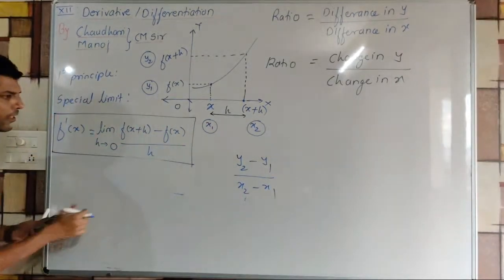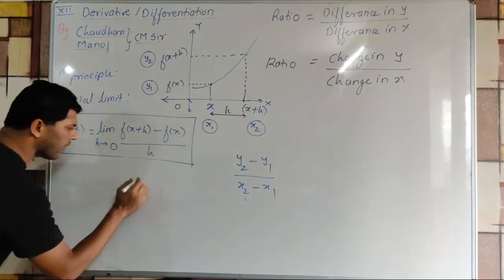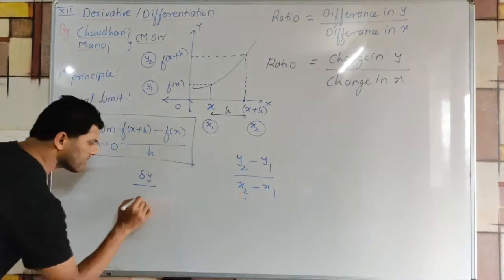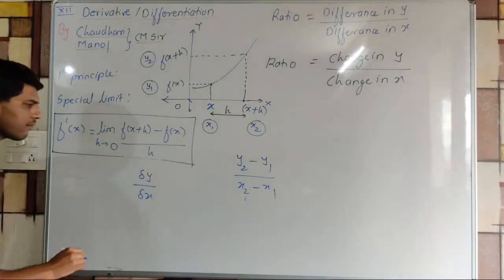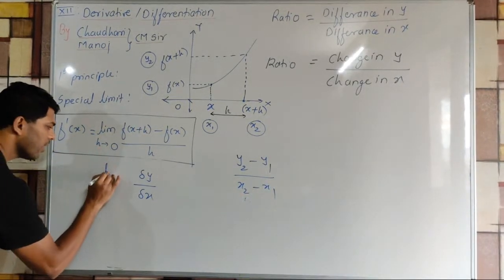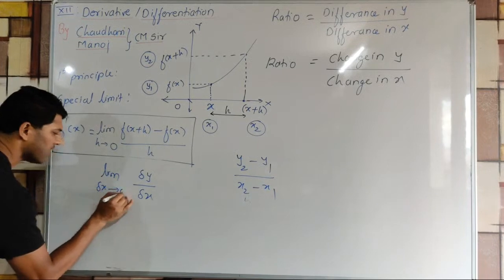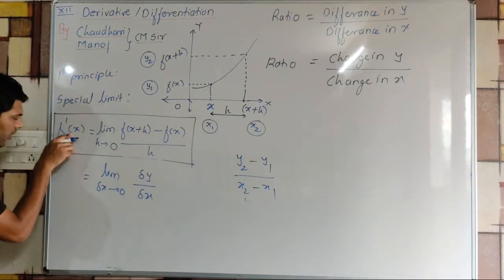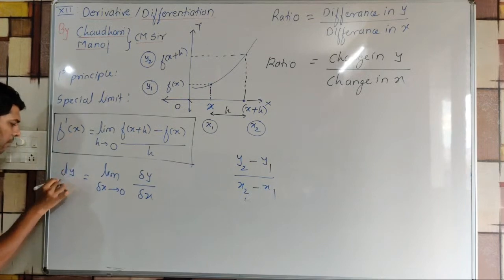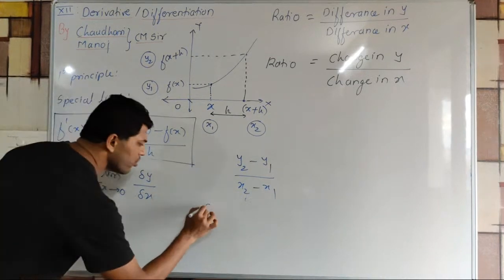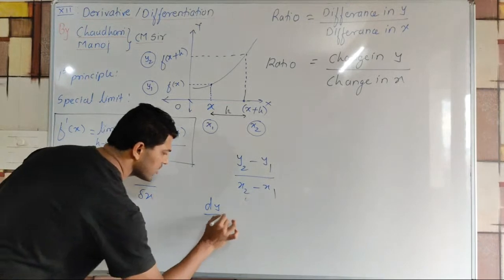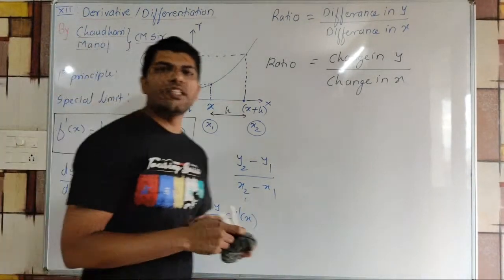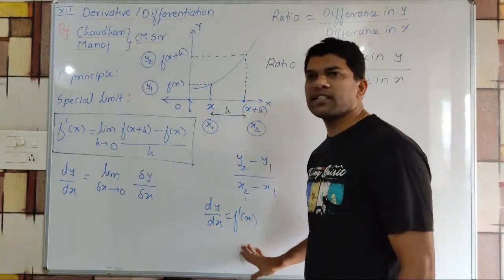They represent y2 minus y1 by delta y, and x2 minus x1 by delta x. Now this h, they represent as delta x tends to 0, and since maths is a symbolic language, they represent f dash of x by dy by dx. This dy by dx symbolically represents the derivative, right?